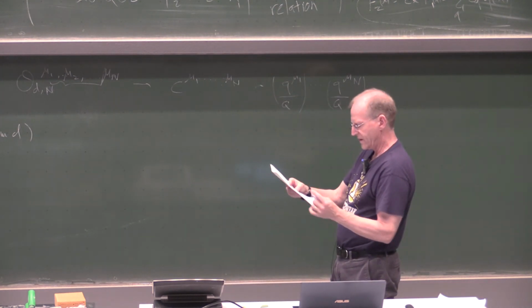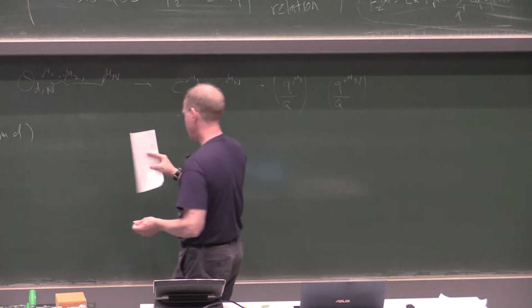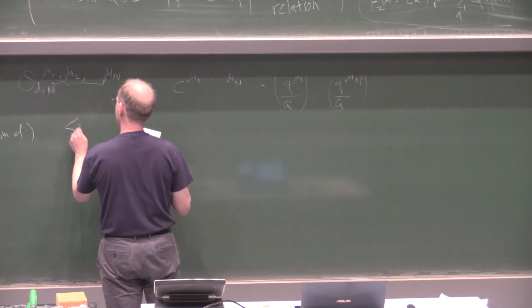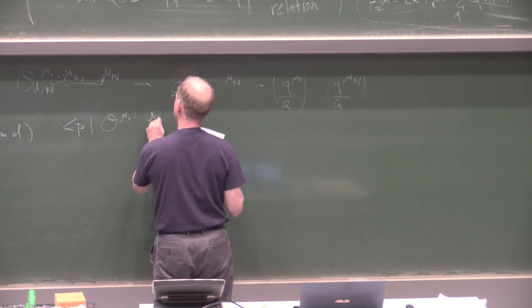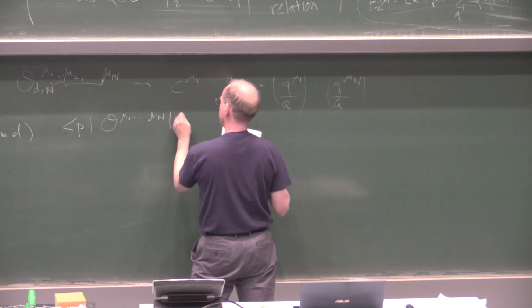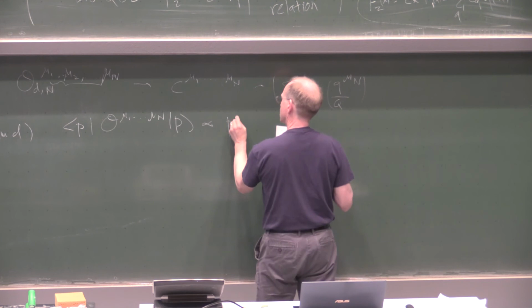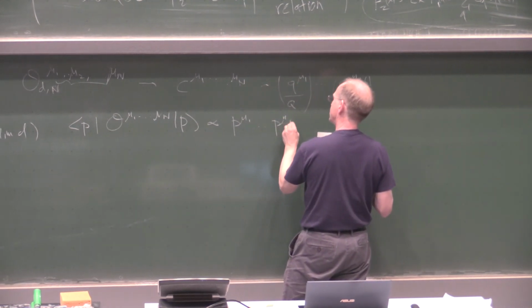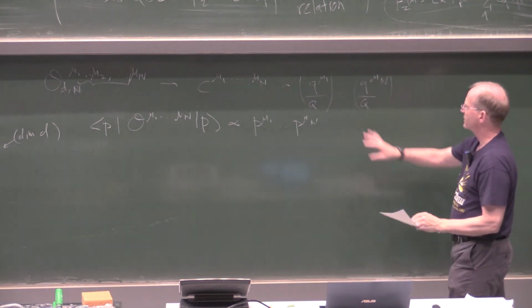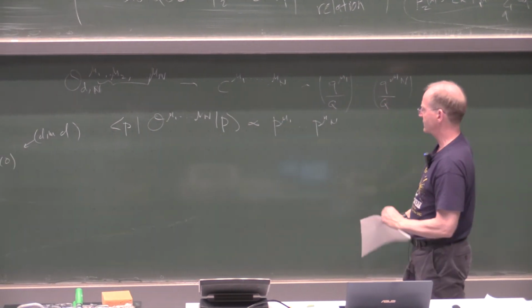So what we find when we take matrix elements of this operator is that, now in this state with momentum P, we get a lot of P's to the mu n's. And those will contract up with these Q's.